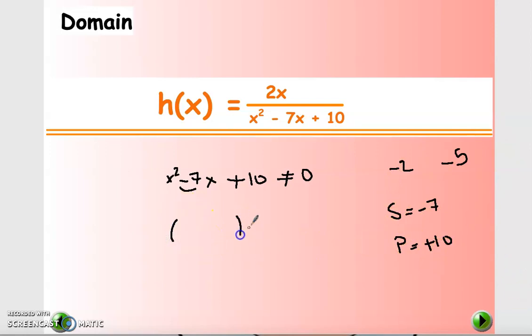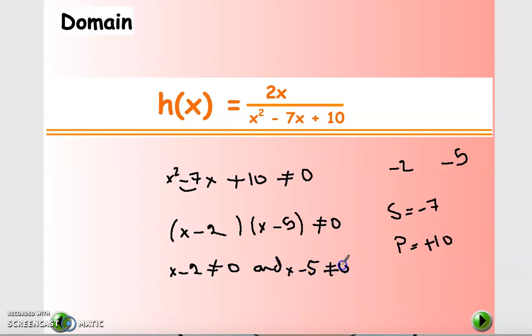So this expression can be written as x minus 2 times x minus 5. Now we can say that x minus 2 is different from 0 and x minus 5 is different from 0.